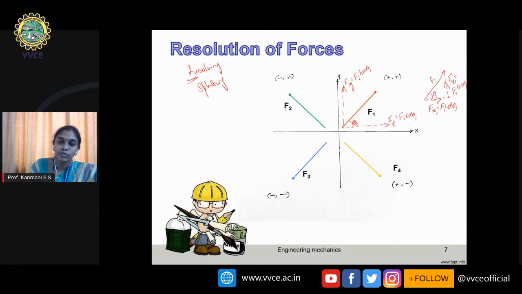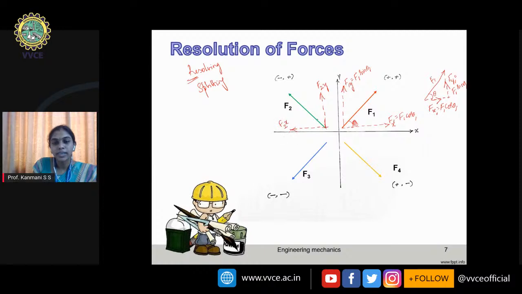So I'll go to F2 now, which is in the second quadrant, which clearly indicates that your x-axis is minus axis and your y-axis is positive axis. So I'll write two lines, one in positive y-axis. So this will become f2y, another in negative x-axis, which clearly indicates it goes in negative x-axis.